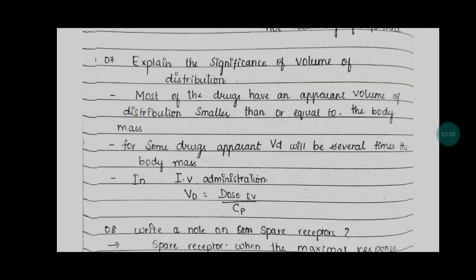Most drugs have an apparent volume of distribution smaller than or equal to the body mass. For some drugs, the apparent volume of distribution will be several times the body mass. In IV administration, the volume of distribution is equal to dose IV divided by CP.